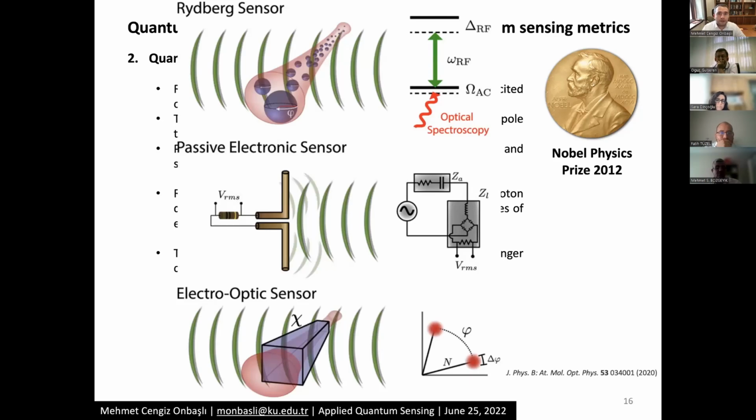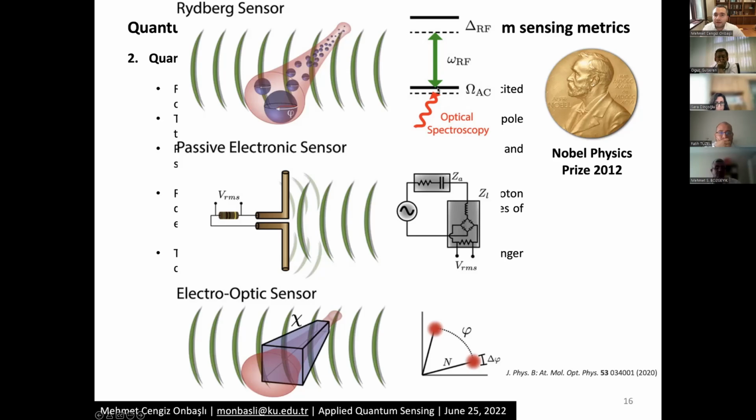So here you may see that in the Rydberg case, we use an external RF bias to split our energy levels, and the transition upon pumping with optics and then its relaxation will tell us the energy shifts.